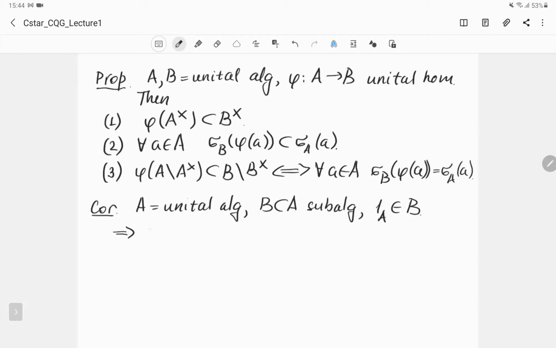In this case, for each element little b of the smaller algebra, the spectrum of b calculated with respect to A is contained in the spectrum of the same element calculated with respect to B. So we have such an inclusion.